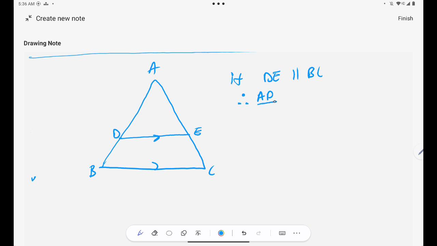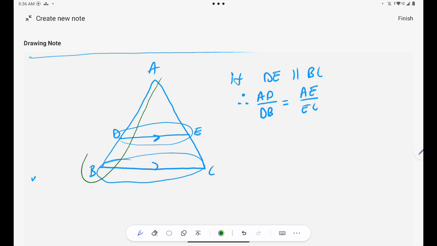Then AD over DB will be equal to AE over EC. Are you together? The theorem states that if there is a line drawn parallel to one side of a triangle, then that line divides the other two sides of the triangle in the same proportion. Are you together? As you can see, line DE is drawn parallel to line BC. Therefore, line DE divides this side and this side in the same proportion.